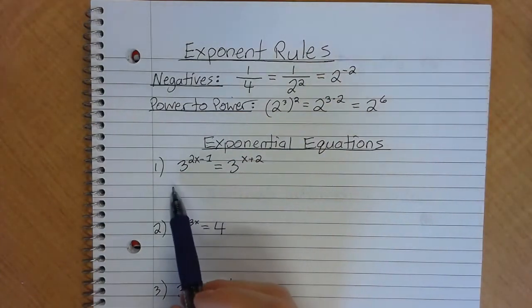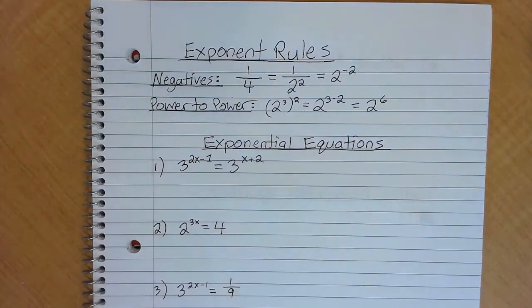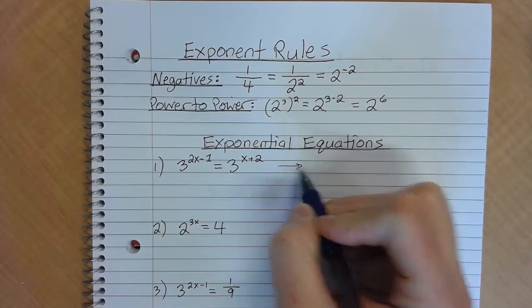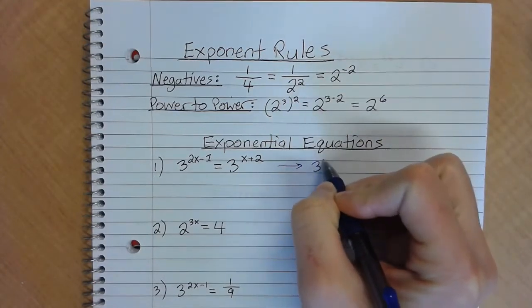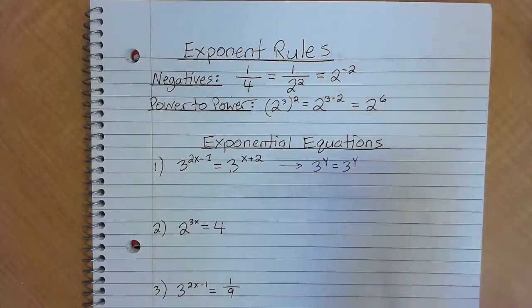In number 1, this is the most obvious because we have a 3 as a base on both sides. And as you could probably guess, if I have a 3 in the bottom of both sides, that means whatever their exponents end up being, they have to be the same as each other. For instance, I could write this whole thing as 3 to something equals 3 to something.